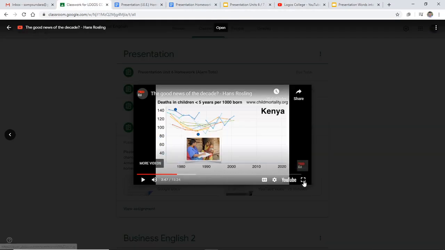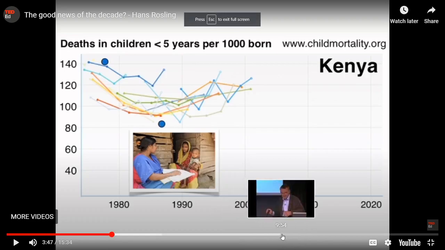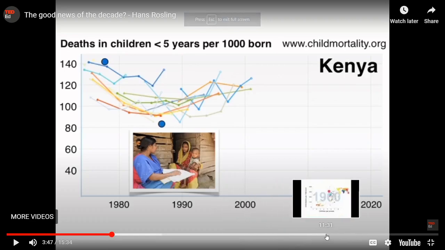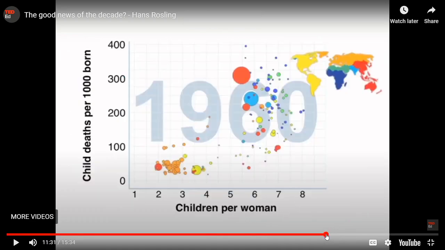So at the very end of the video, right here, he has this graph, I'm sorry, children per women, right? The more children that you have, that means the bigger the family, right? So this is small family, medium-sized family, big family. Child deaths per 1,000 born.